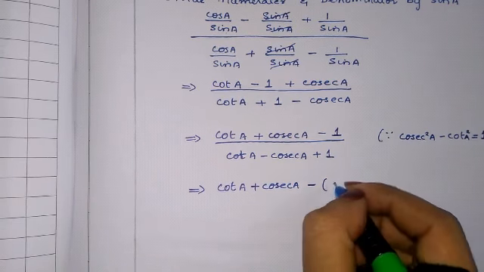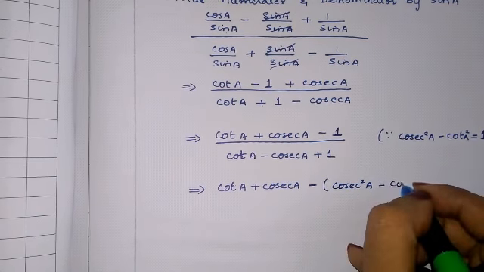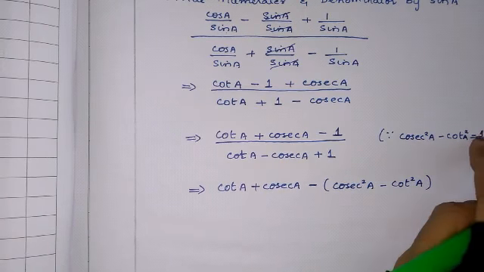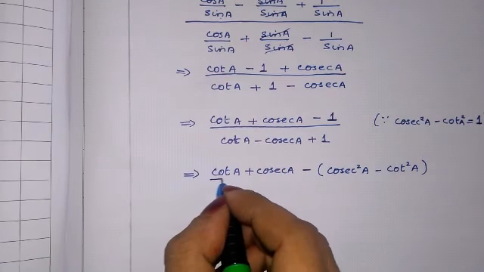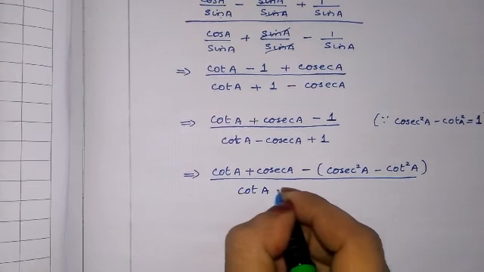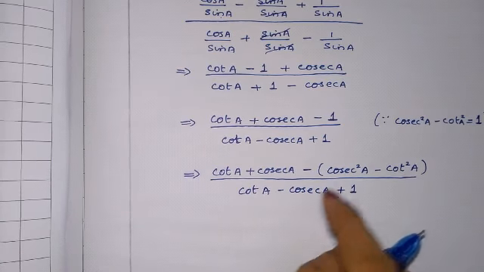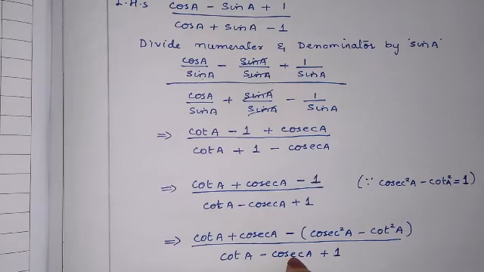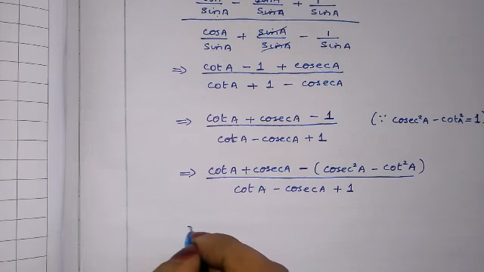So I am using cosec square A minus cot square A, because the value of 1 is cosec square A minus cot square A based on the identity. The denominator I am writing as it is, cot A minus cosec A plus 1. I am not using the identity in the denominator because the denominator should get cancelled. We need the answer cosec A plus cot A, so I am not changing anything in the denominator.